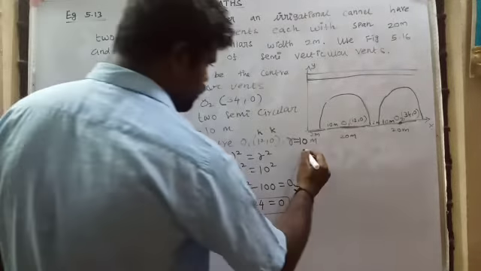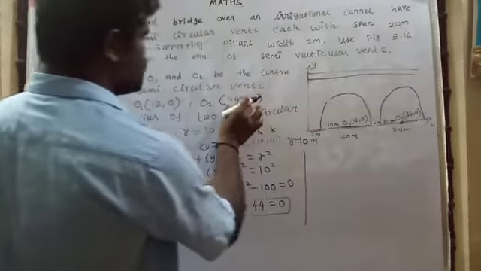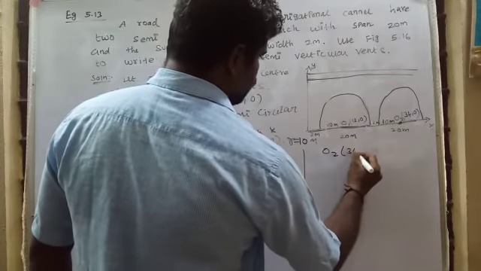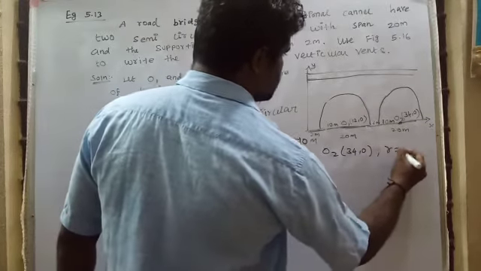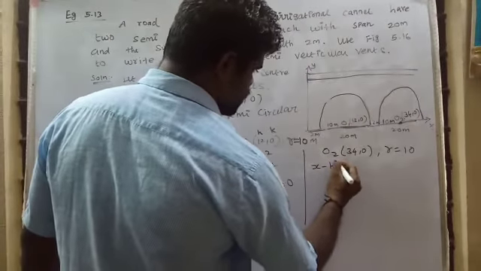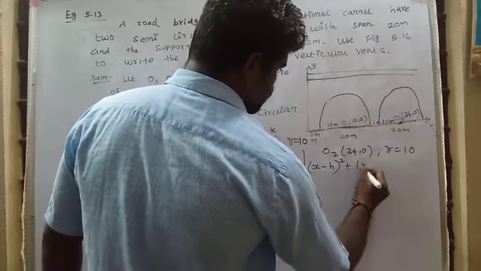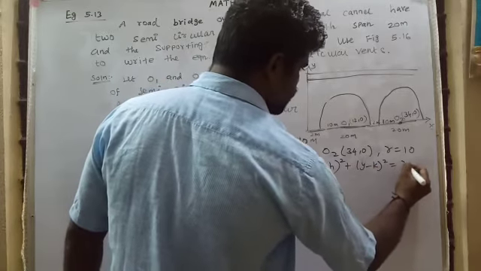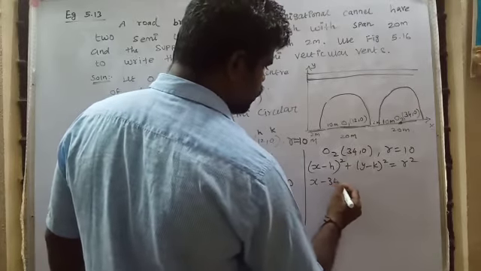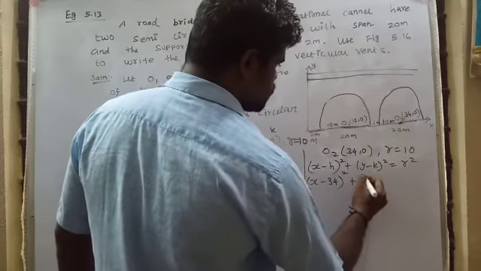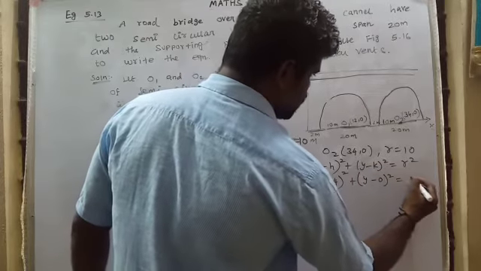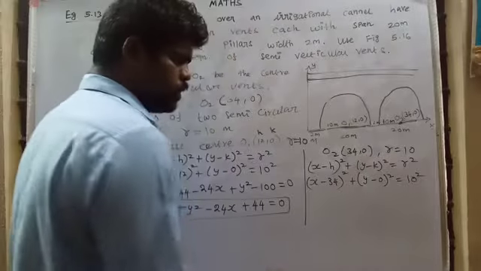And another one we have to find. This center is O2, 34, 0, radius is 10. We want to find (x minus h) whole squared plus (y minus k) whole squared is equal to r squared. Here x minus 34 whole squared plus y minus 0 whole squared is equal to 10 squared.